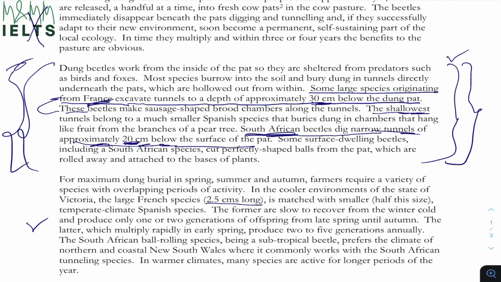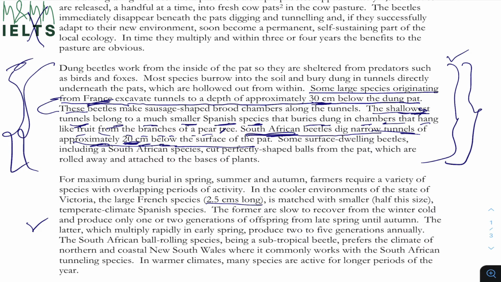Here we go. The shallowest means the smallest, the shortest. The shallowest tunnels belong to a much smaller Spanish species that hang like fruit from the branches of a pear tree.